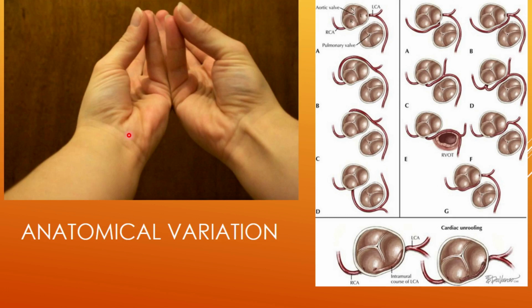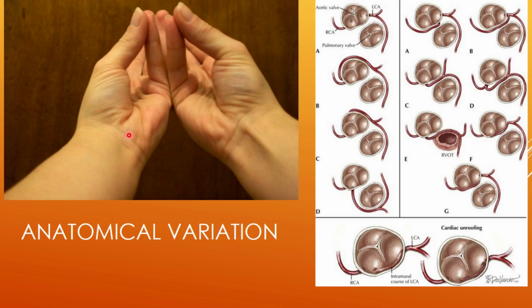It doesn't affect them. Palmaris longus isn't a particularly important muscle anymore, and it's actually absent in up to about 20% of the population. But it's a really good demonstration of anatomical variation.